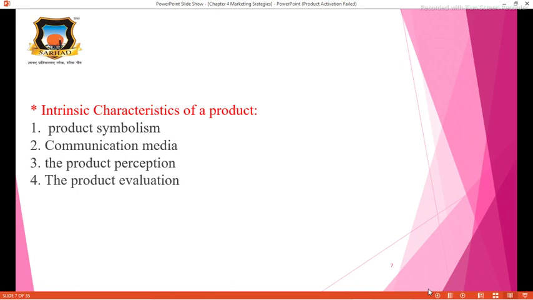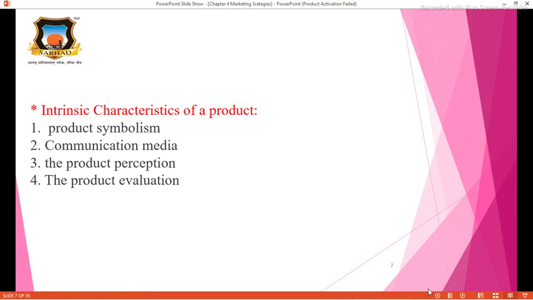Of course, what the communication is, is determined by the customer's personal interpretation of the symbols, mediated by his culture, group influences and personality. Every product says something about itself.